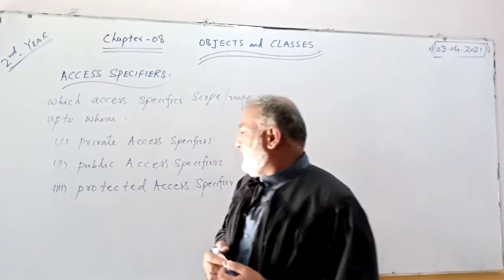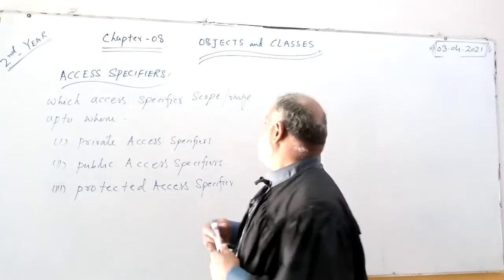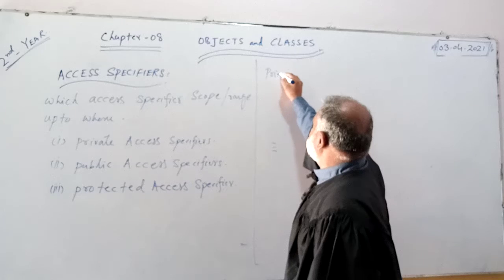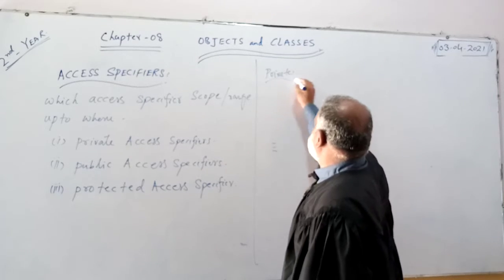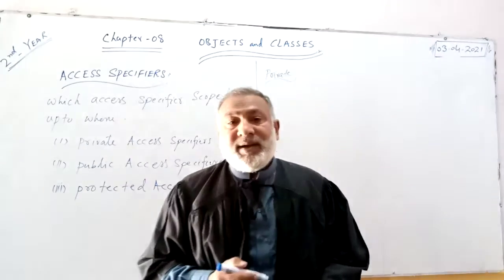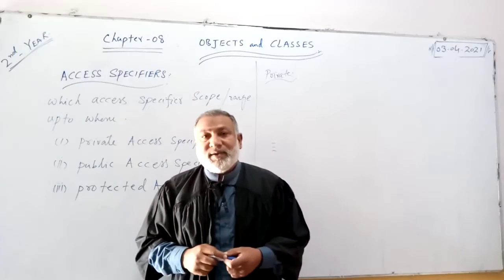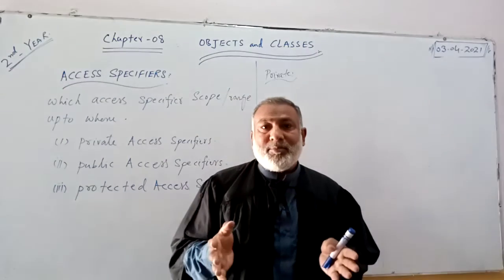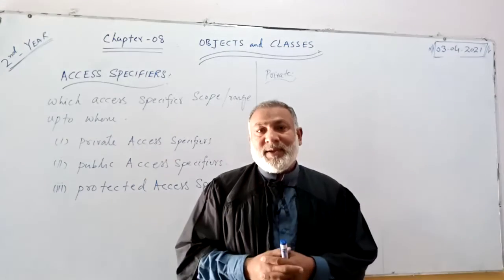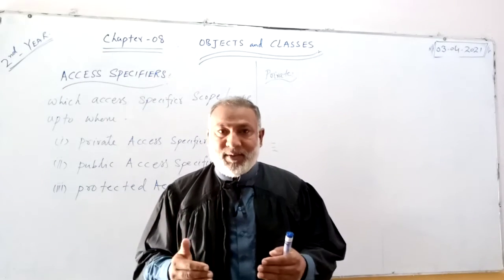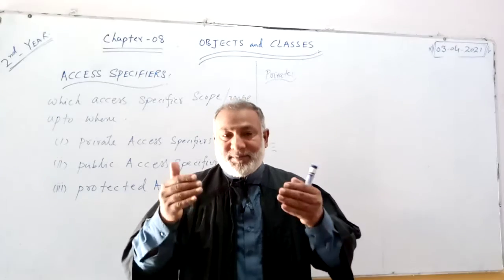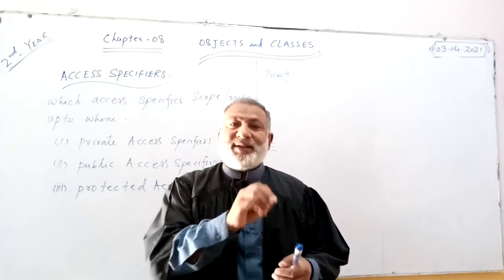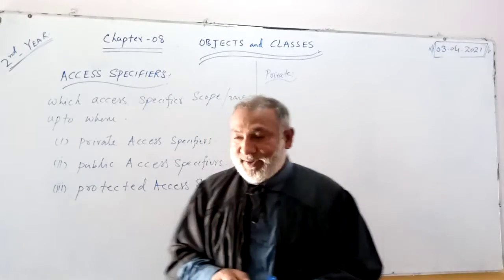First of all, we start with the private access specifier. When we declare some members of the class as private, as we discussed earlier, normally the member data is written under private. Whatever you write under the private access specifier, you specify that this member data or this member function should be private inside the class.